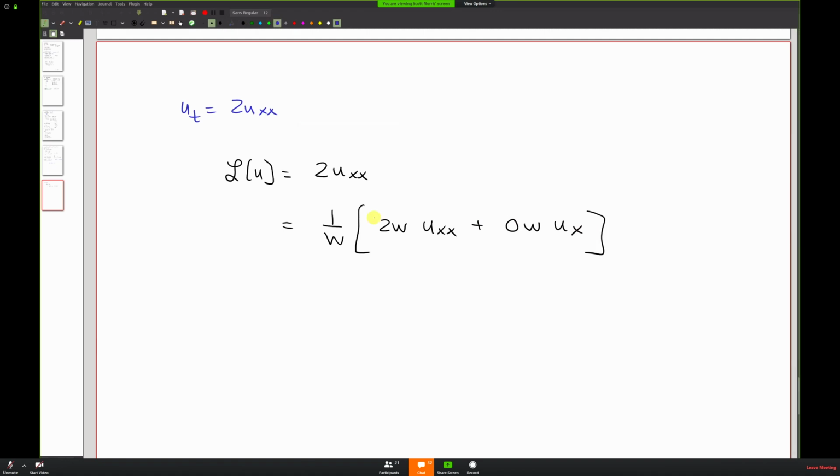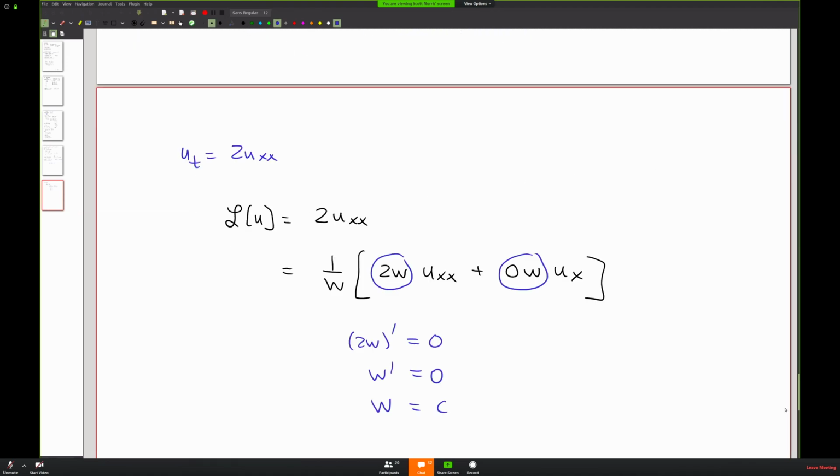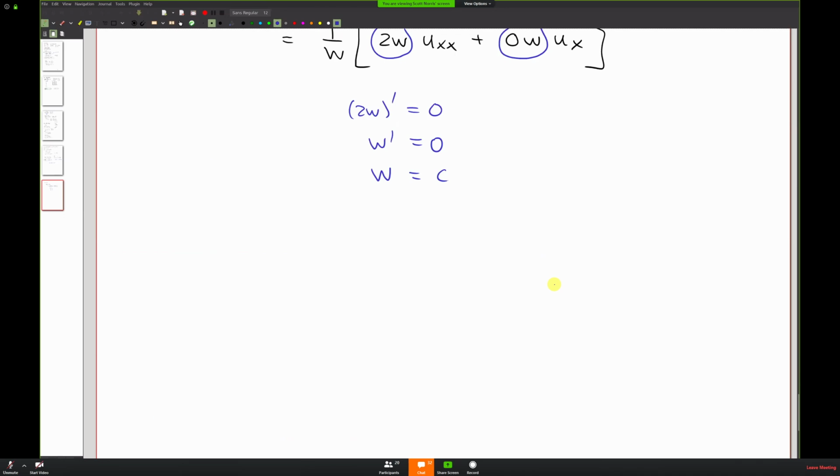We want the derivative of this to equal this. We would get 2 W prime equals 0, so W prime equals 0, W equals an arbitrary constant. Because of the way the weight function works, it doesn't matter what the constant is. You can multiply the weight function by any constant and you still get a valid weight function, so we might as well just say W equals 1.